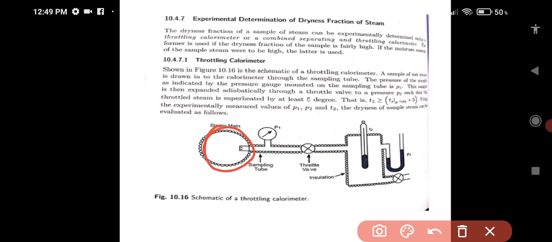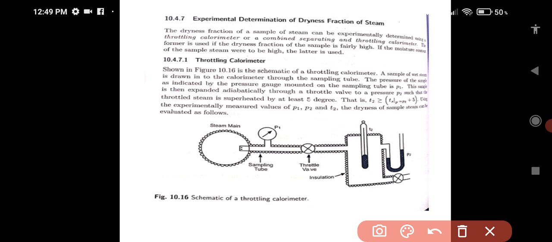Then there is a valve here to control the rate of flow. Then this entire thing you can see is all insulated. So this is an adiabatic process. This is totally insulated. Now the sample of steam is taken and it is expanded.